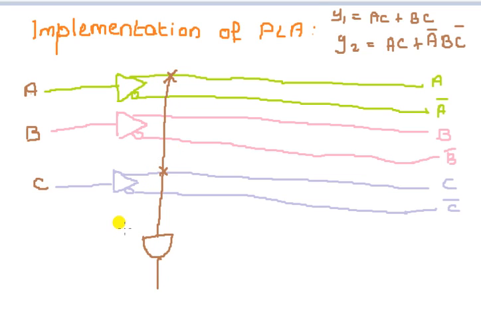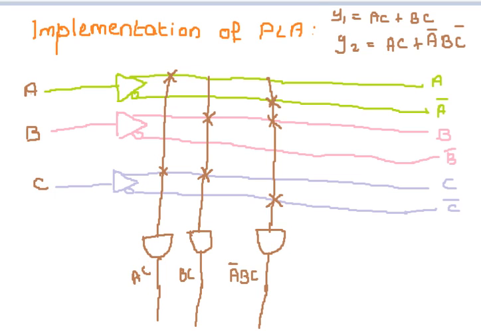So here we get AC. Now look at this figure. I have designed 3 programmable AND gates here for 3 product terms AC, BC and A bar B C bar.